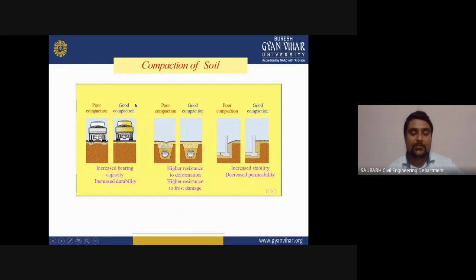And if your soil is well compacted, as you can see here, there will be no impression of the tire of the vehicle. In poor compaction there is low resistance to deformation, while good compaction gives high resistance to deformation and frost damage, as you can see here. And this is a foundation structure, and you can see the settlement of the structure in the poorly compacted soil and in the well compacted soil.